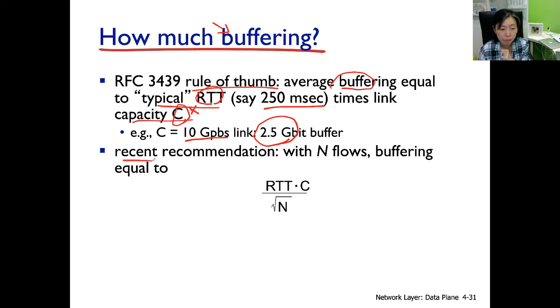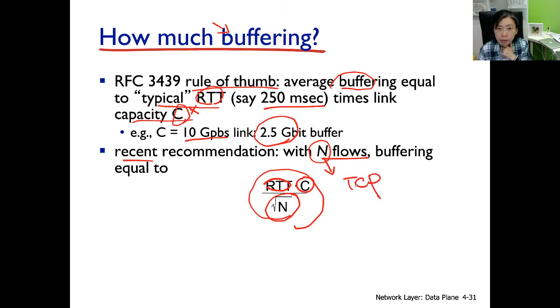Some recent studies actually discovered this: if all the flows going through the router are TCP flows, and if there are n of them, we could reduce the buffer requirement to this amount. Still RTT multiplied by C at the top, but we divide it by a certain factor. The more TCP flows there are, the more we could reduce the buffer space requirement. Here, n flows are n TCP flows.